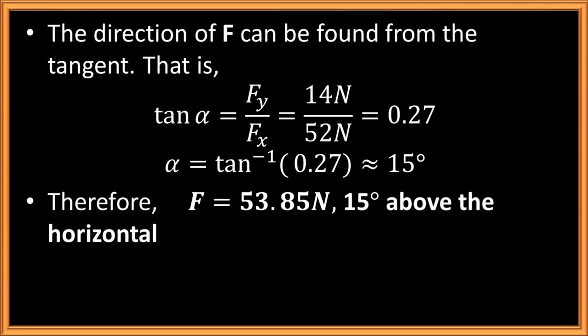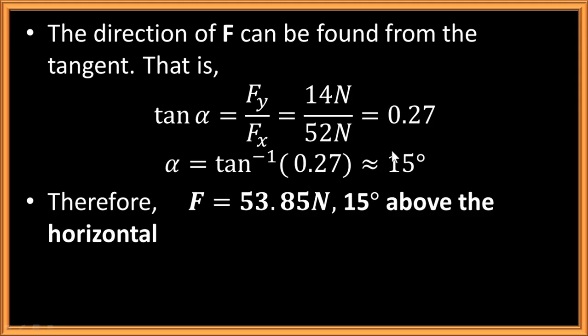The direction of F can be found from the tangent function. That is, tan alpha is Fy, meaning opposite, over Fx, adjacent. Opposite over adjacent is tan alpha. 14 Newton over 52 Newton, which is 0.27. Alpha is tan inverse of 0.27.